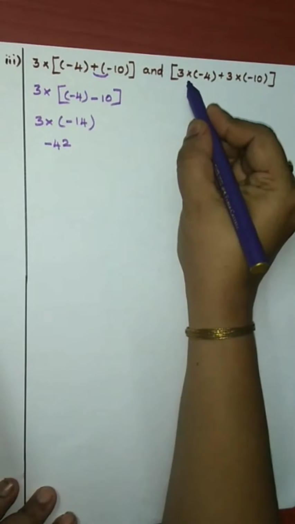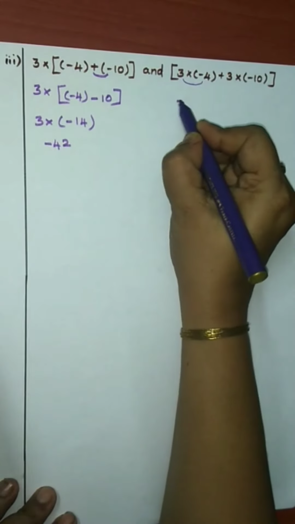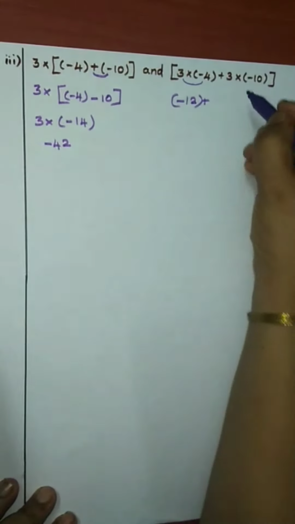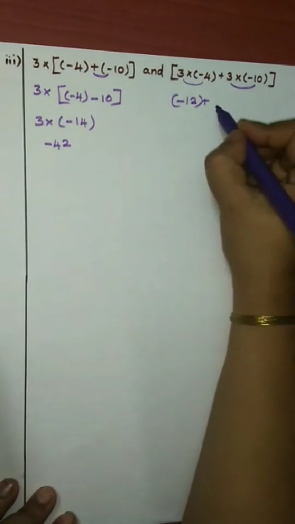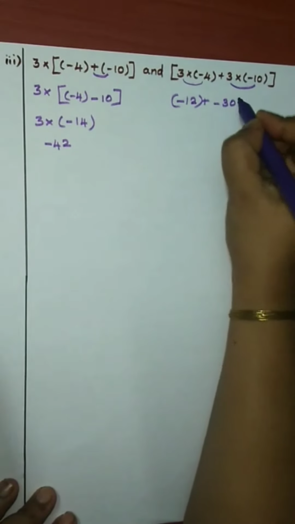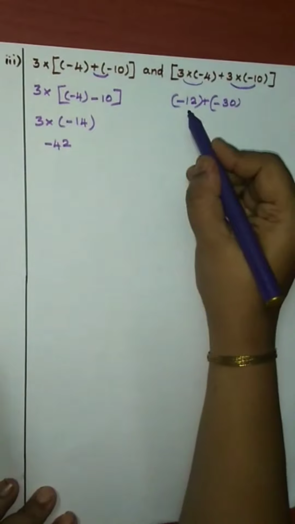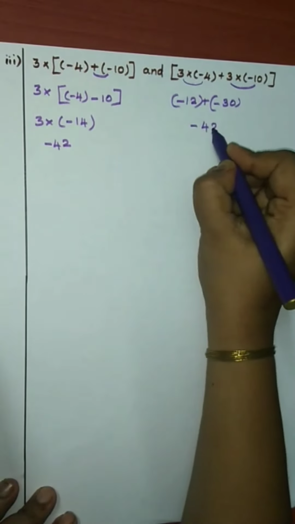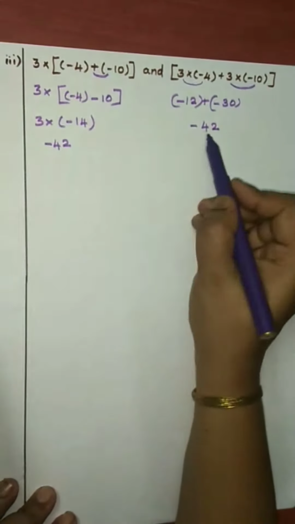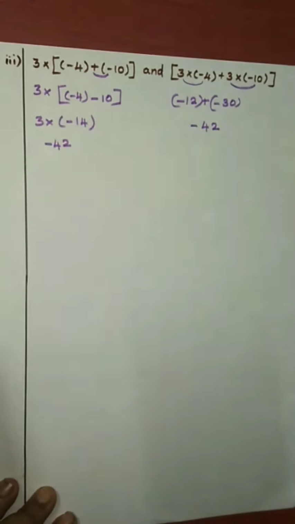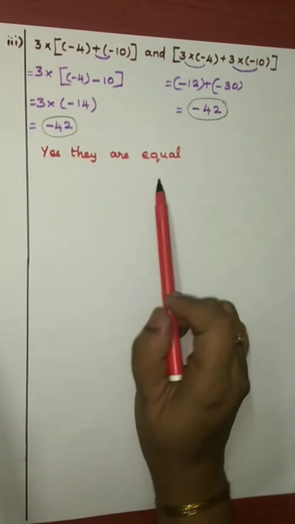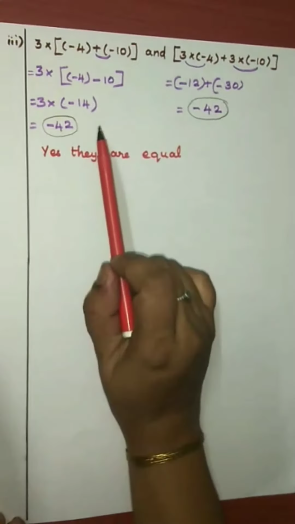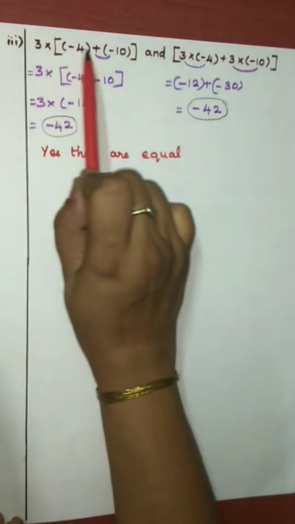Right side, 3 into minus 4, minus 12, plus 3 into minus 10, minus 30. So minus 12 plus minus 30, minus 42. Are they equal? Yes, they are equal. If they are equal, we are asked to mention the property. So this is the distributive property of multiplication over addition.